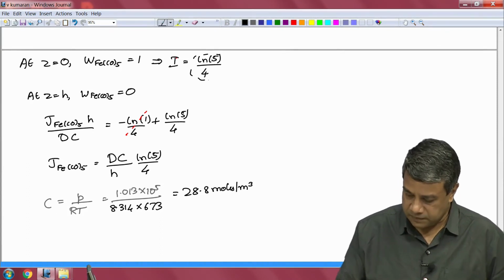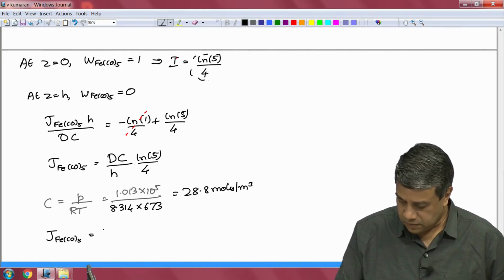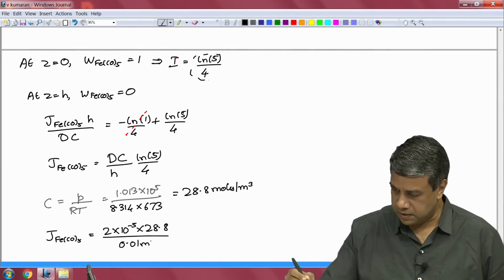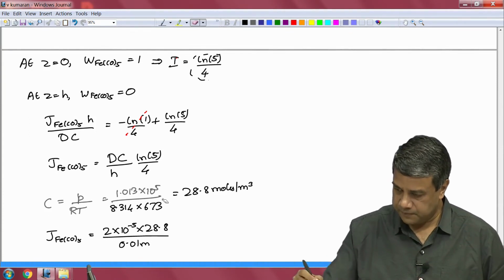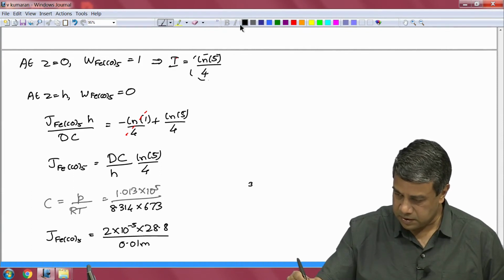Substituting that in the expression for the flux, I will get the flux of FeCO5 is equal to 2 into 10 power minus 5 into 28.8 divided by 0.01 meters. Let me put the units there. I should have been a little careless here. Should always put the units.